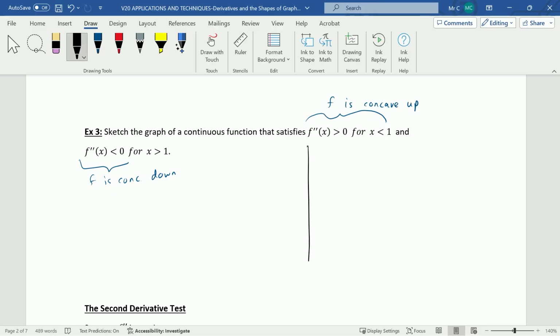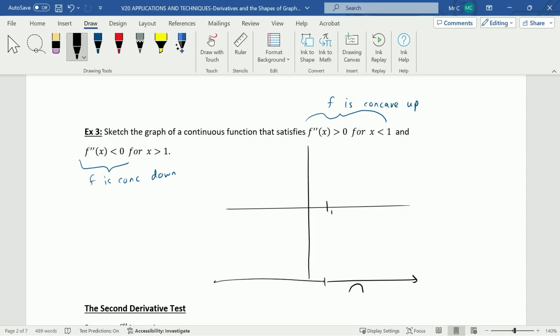So now when I go to sketch my graph, the first thing I'm going to do is label intervals at the bottom just like before. The breakpoint here is at x equals 1. For x greater than 1, it's concave down, so I'll label this with a cup down.